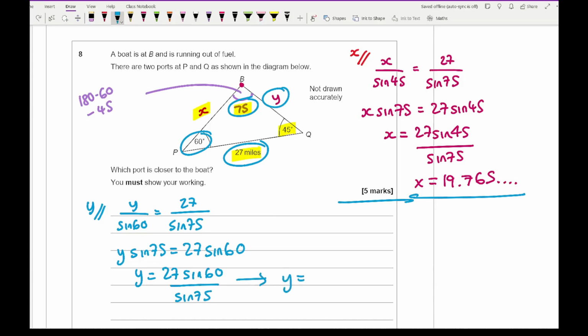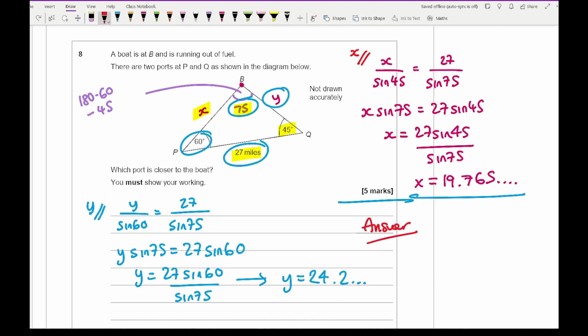That gives me a y value of 24.2 and a few more digits. So in terms of comparing, to get the final answer, which of those answers is smaller?